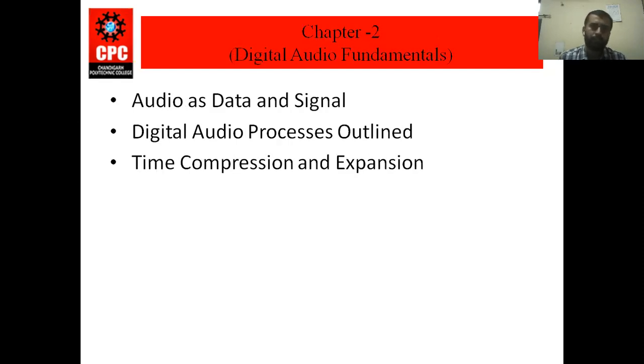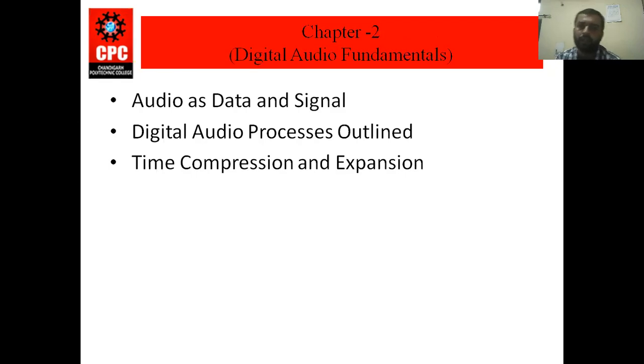The second chapter is digital audio fundamentals. In digital audio fundamentals, we discuss digital audio processing, how it is processed, and compression and expanding. Compressor and expander are used when we want to transmit a signal from transmitter to receiver, using less bandwidth, and at the receiver we expand the signal so the proper signal is received.